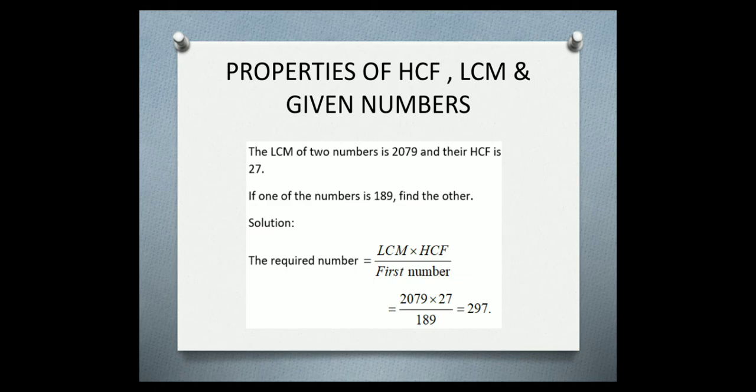One number is 189, the other number is 297. Did you see clearly? Here the LCM is 2079, and the LCM is greater than both numbers. The LCM is greater than 189 as well as greater than 297. So always remember your LCM will always be greater. And the HCF will always be lesser than the numbers. For any numbers, your HCF will always be lesser. So this is one hint to remember whether your sum is right or wrong.